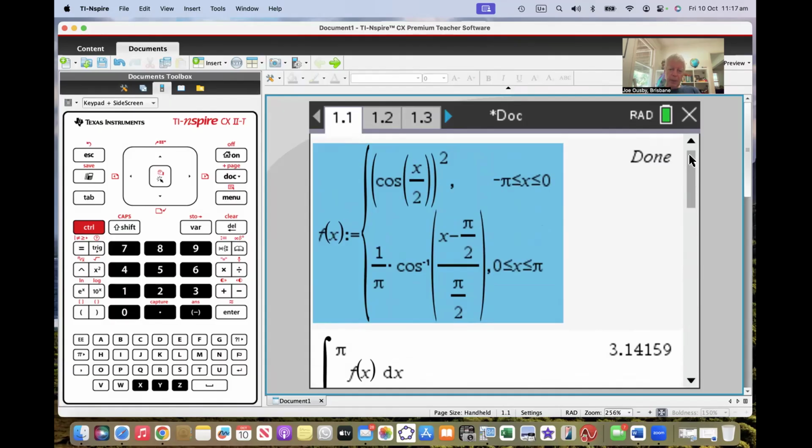However, you could break the problem into two parts and consider that between negative pi and 0, the first part of the piecewise function has rotational symmetry. The second part from 0 to pi also has rotational symmetry around its point of inflection.